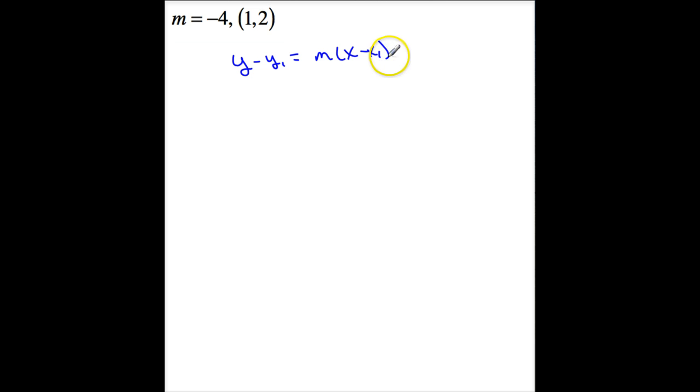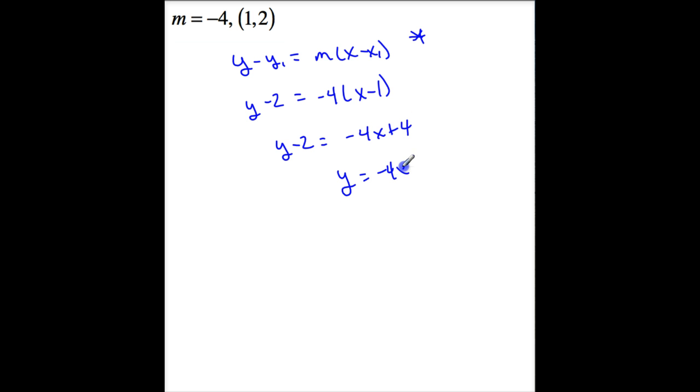Now, you always have to write the formula first, always. So, y minus 2 is equal to, the slope is -4, x minus 1. Now, you're going to want to distribute this out a little bit. y minus 2 is equal to -4x plus 4. So y is -4x plus 6.